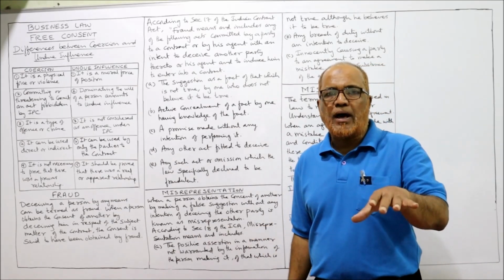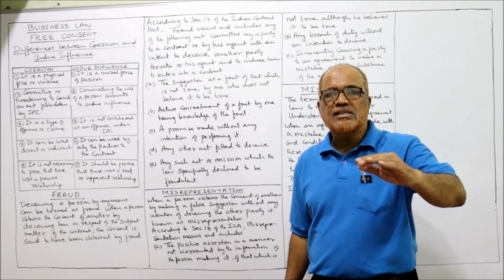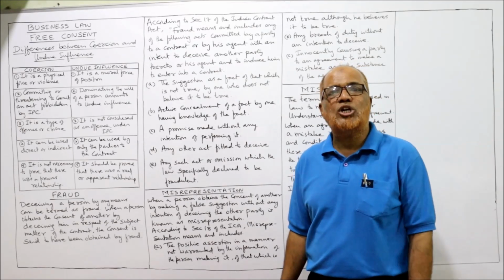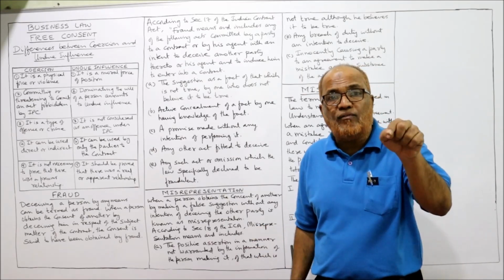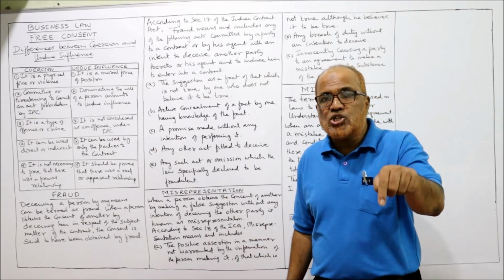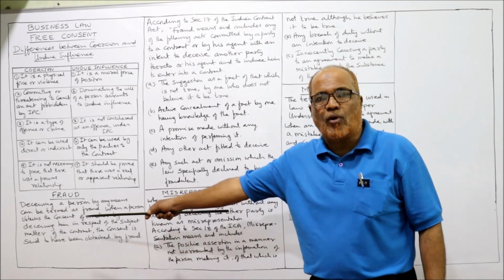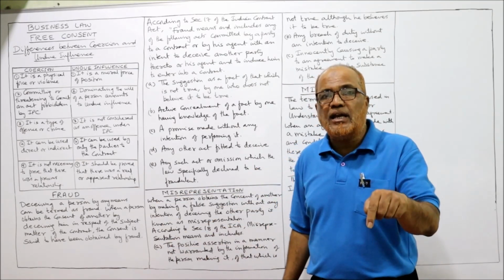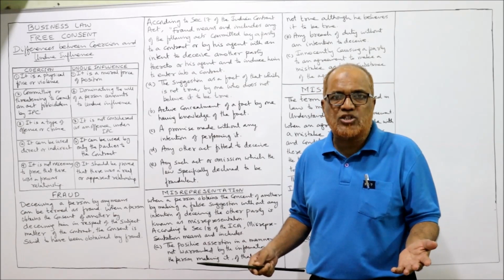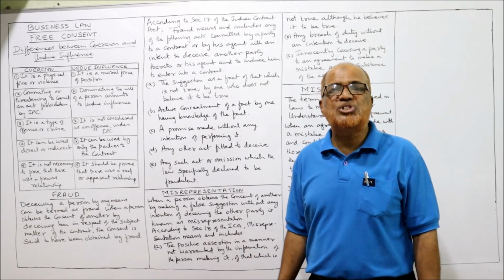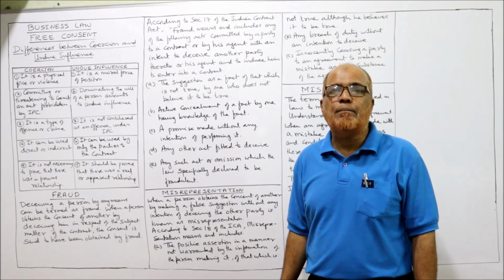Here also one party of the contract is giving a false representation to the other party, but without intention of deceiving. If intention of deceiving is there, then it will be a fraud. If there is no intention of deceiving the other party, it is called misrepresentation.